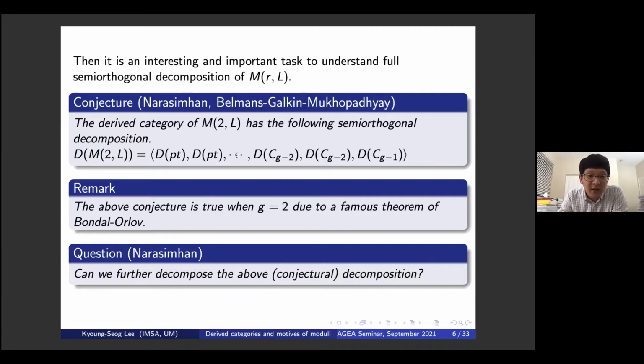When the rank is 2 and the degree is 1, they conjecture that the derived category of M should have the following semi-orthogonal decomposition.